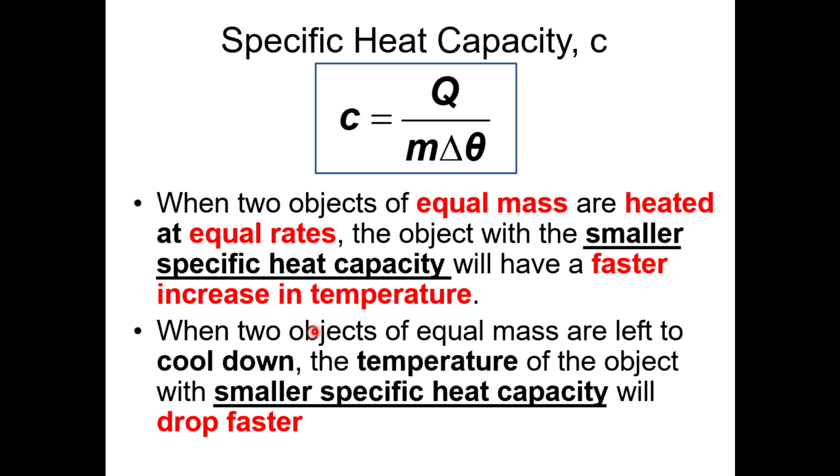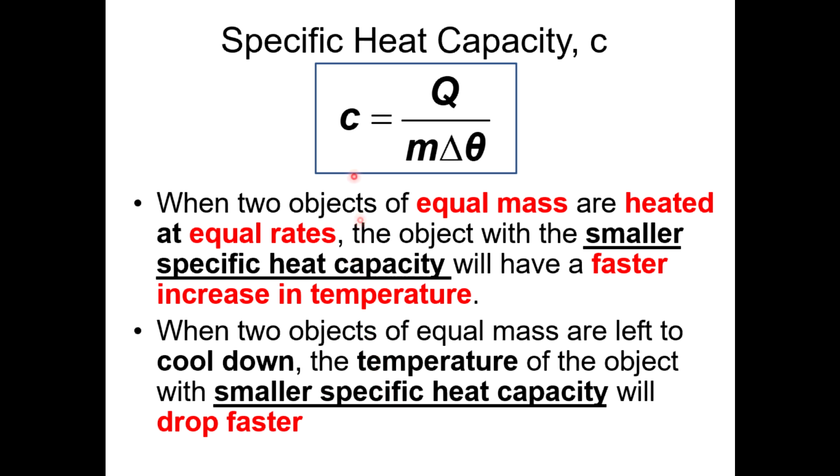And if the same objects are left to cool down, dibiarkan untuk sejuk, the temperature of the object that has smaller specific heat capacity will drop faster. In other words, the smaller the specific heat capacity, the faster the temperature drop, which means cepat sejuk. So we can summarize like this.